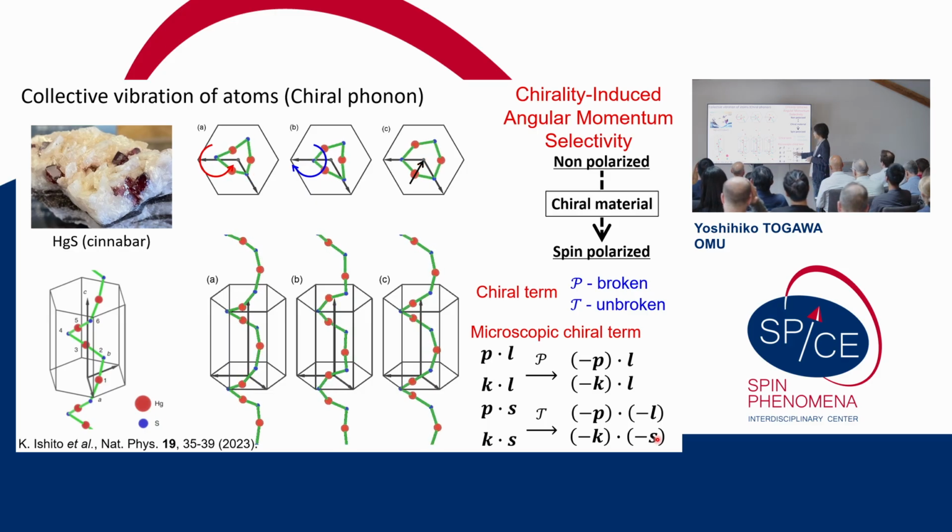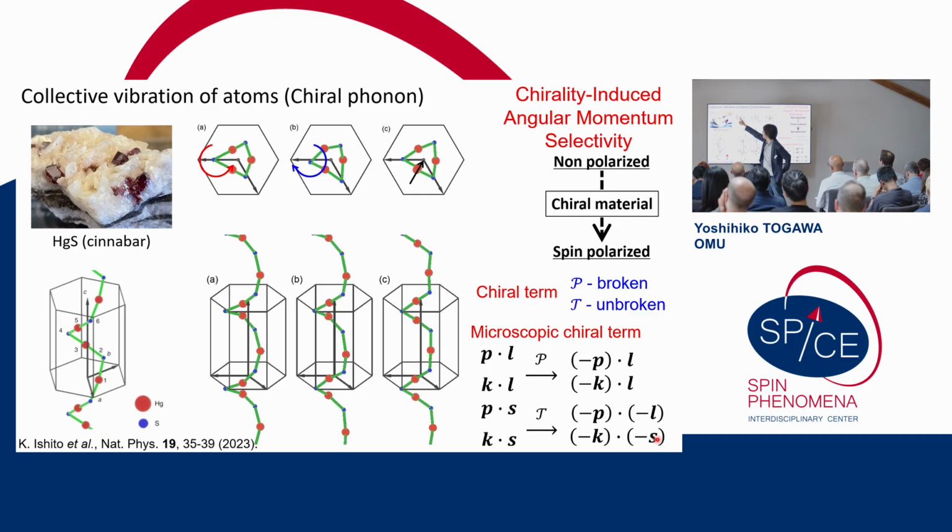Then let us apply this term to atomic vibration, which is the main topic of this workshop. This is an illustration from Sato-san's group paper. You can see the vibration of the atoms. The important thing is that in the in-plane dynamics, some atoms show a circular motion.